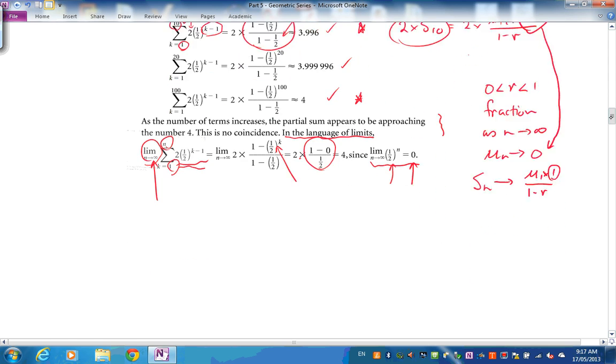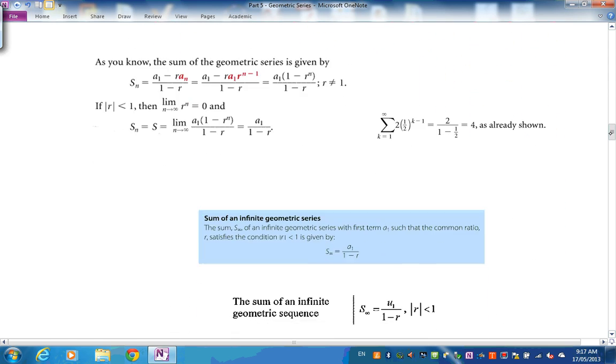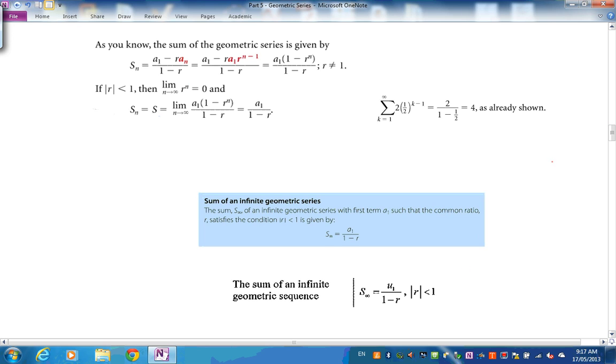Let's have a look at what's the statement here in Pearson's, also from the information booklet for the IB. Let's not worry about the derivation, we've done that, but here is the formula we usually use. What we're saying here is r to the n will tend to 0 as the number of the term gets bigger.